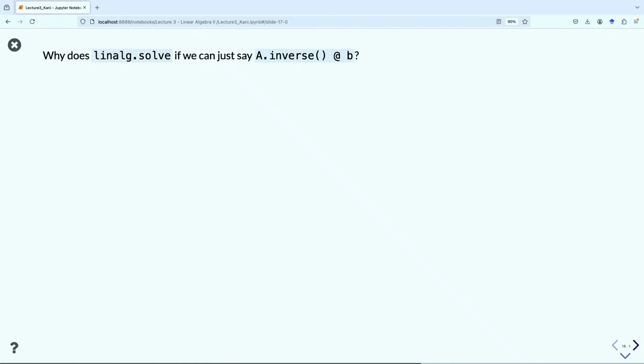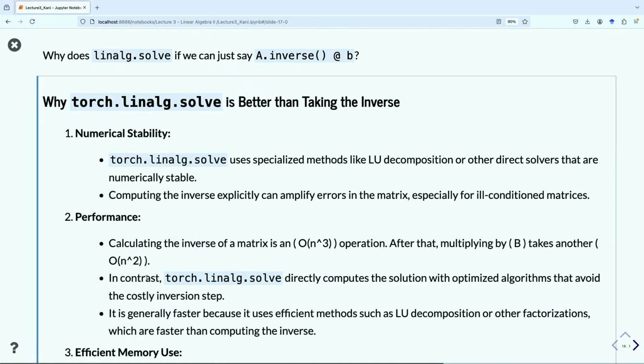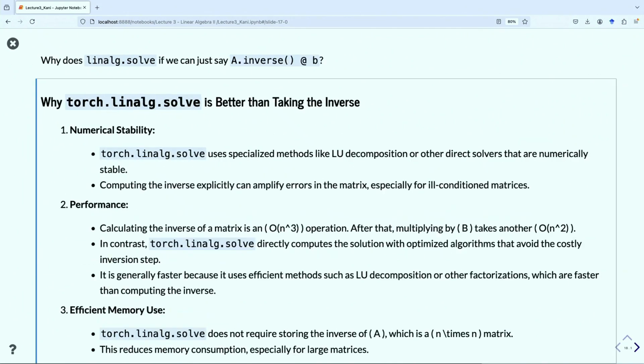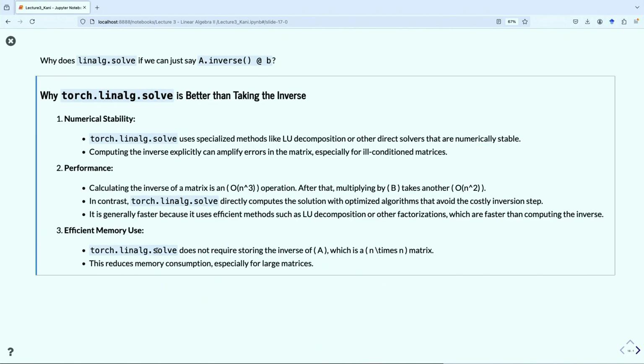Again, there are faster ways to solve. Well, there are a couple of reasons, but it's mostly performance. But I'm going to list all the reasons. A big one people will say is numerical stability, which is actually a valid point. Certain methods aren't numerically stable, especially when finding the inverse matrix.